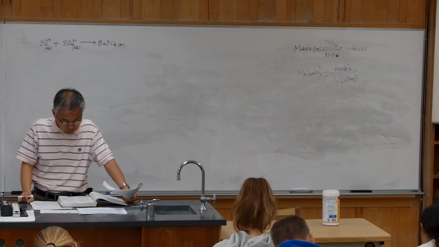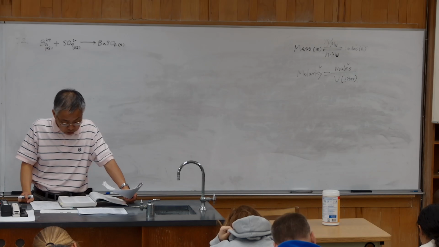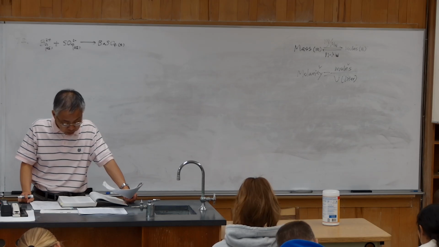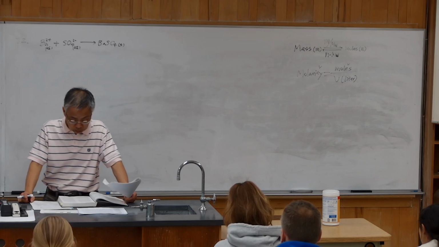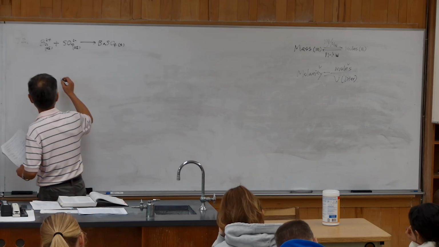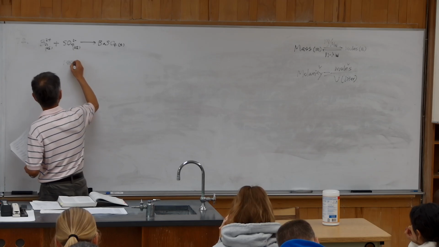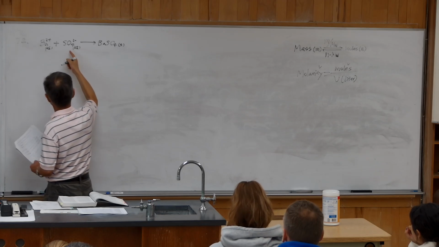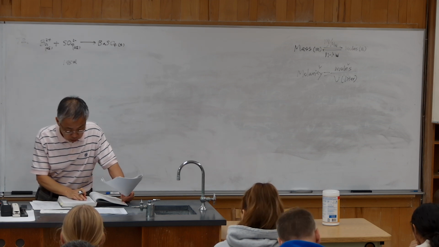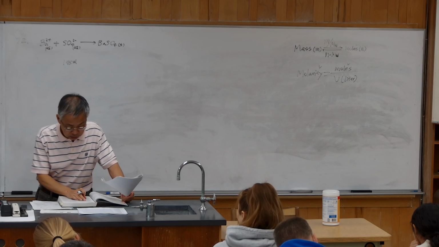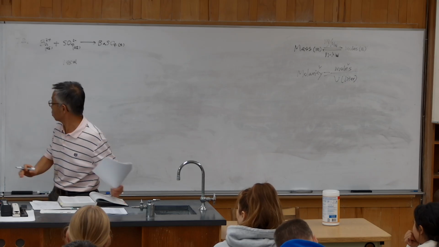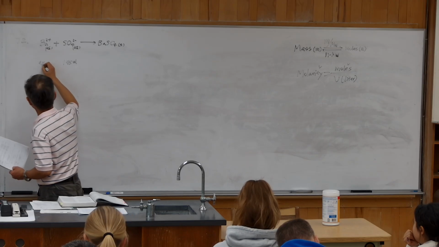Treating 145 milliliter of water with excess barium chloride. So sample is 145 milliliter containing some sulfate there. With excess barium chloride. So barium is excess.